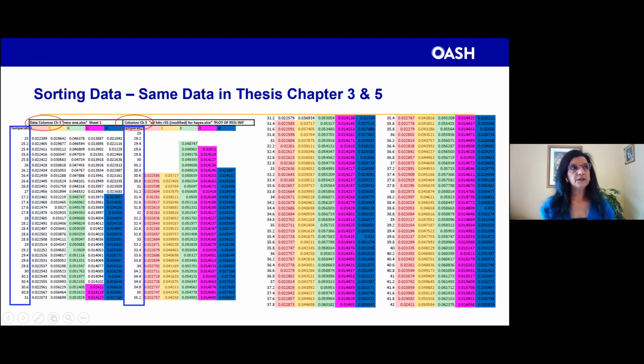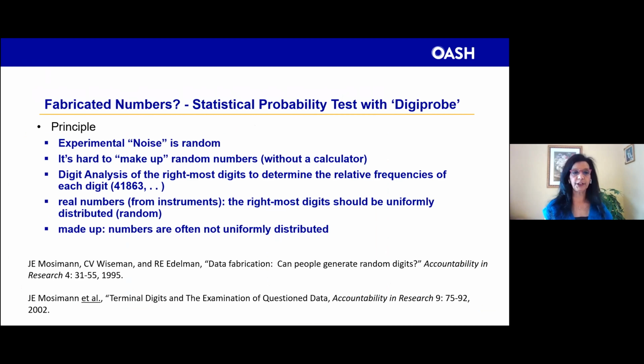Okay, so if there's no software data, if there's no machine data, what do you do? Can you say that these numbers are fabricated? Again, one of our previous investigators in ORI wrote a statistical program called DigiProbe. The principle of this is that experimental noise is random, and it's hard for a human to make up random numbers without a calculator.